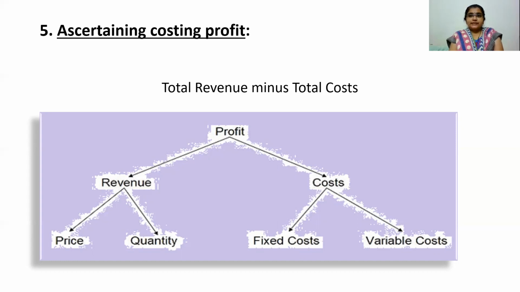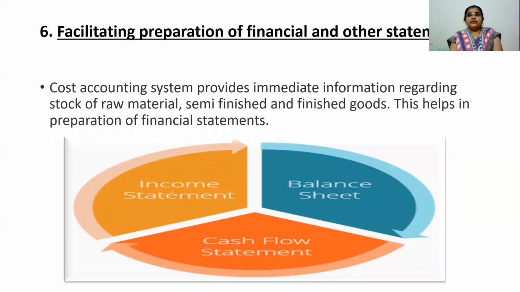Then we have another one, facilitating the preparation of financial and other statements. Here, income statements and balance sheet: as we all know, in financial accounting we come across the final accounts like the trading and profit and loss account, or the income and expenditure account.